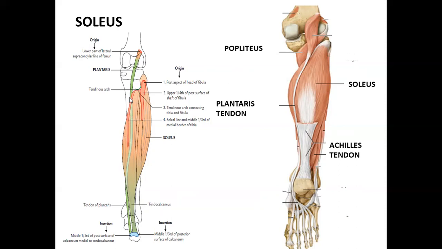So this forms a horseshoe-shaped origin. Again, it arises from the posterior aspect of the head of fibula, upper 1/4 of the posterior surface of shaft of fibula, the tendinous arch connecting the tibia and the fibula, the soleal line, and the middle 1/3 of the medial border of the tibia.